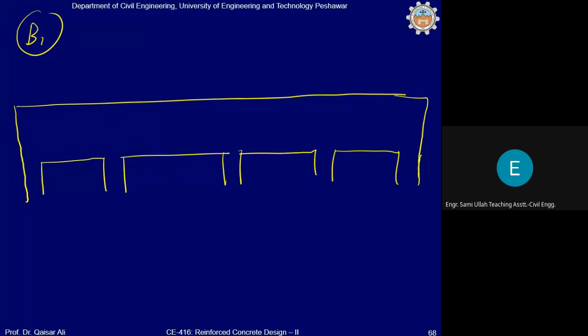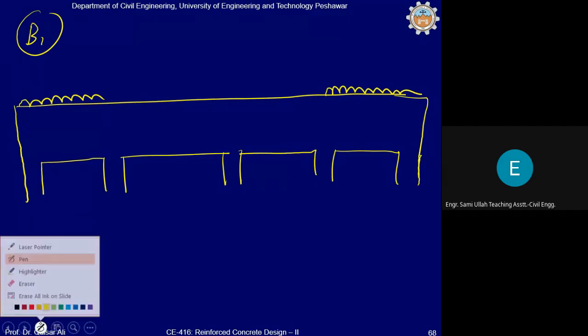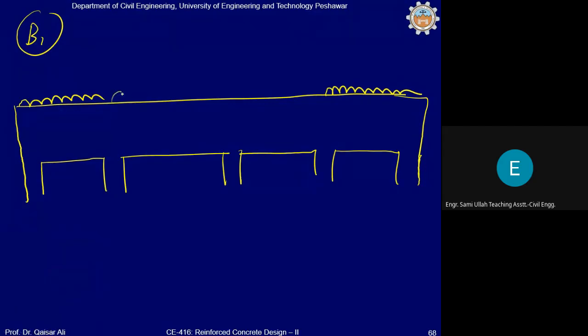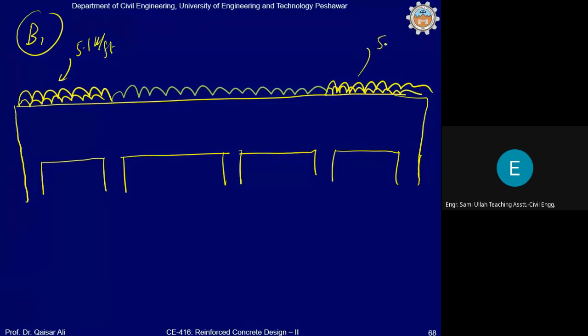Okay, so load acting on this span and these exterior span, they are equal, and load acting on the interior span are also equal. Load acting on the exterior span is greater as compared to the load acting on the interior span. And what was the value? It was 5.1 kip per foot.